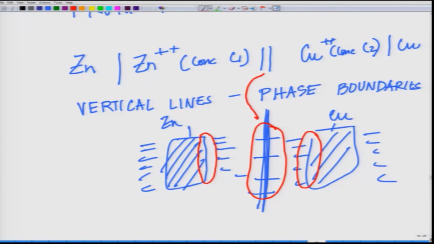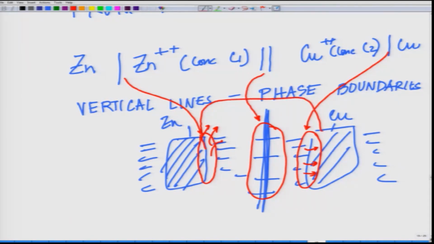This is one phase boundary, shown by double lines, and this is another phase boundary, and this is the third phase boundary. So, there are three different phase boundaries. This is where chemical reactions are happening when we are connecting this.